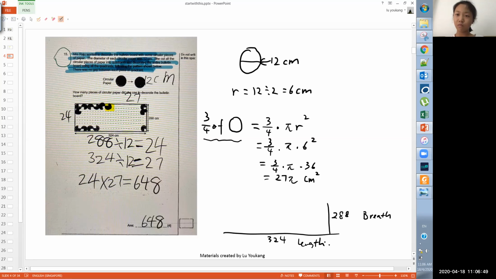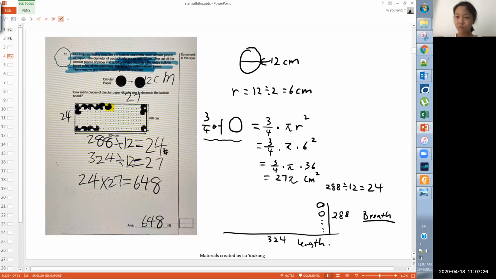So can you tell me how many 3/4 circles you can have here for the breadth? So you use 288 divided by 12. 12, right? That's why you get 24. Okay? So that means you are supposed to have 24 3/4 circles here. Okay? So you have 24 of them.